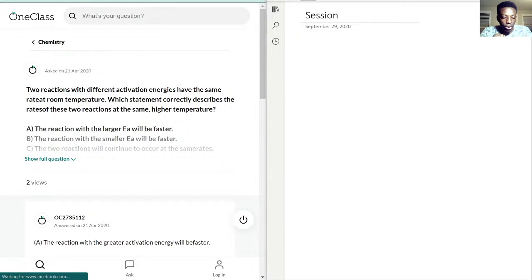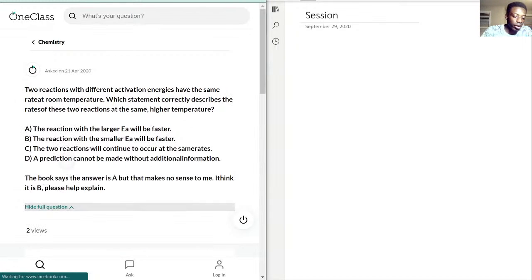In this equation here, it starts off saying that two reactions with different activation energies, EA1 does not equal EA2.